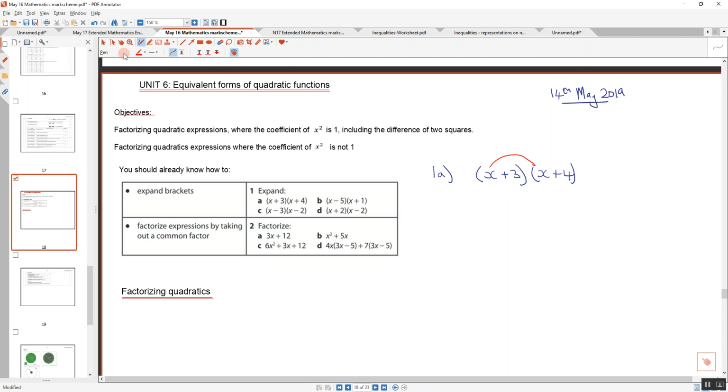So x times x. Sad face. It's a happy face in a second. x times x is x squared. I'll do the next one. 3 times x is 3x. x times 4 is 4x.